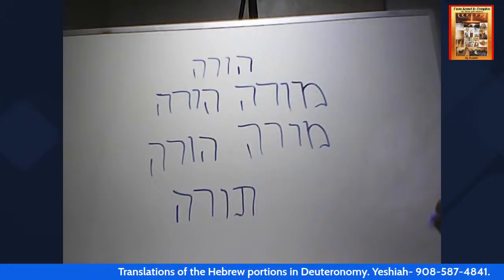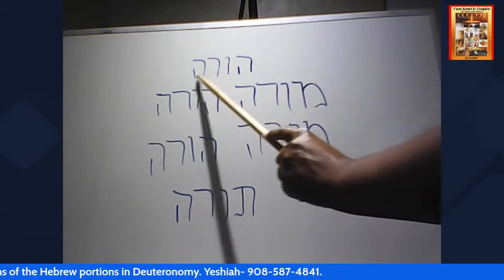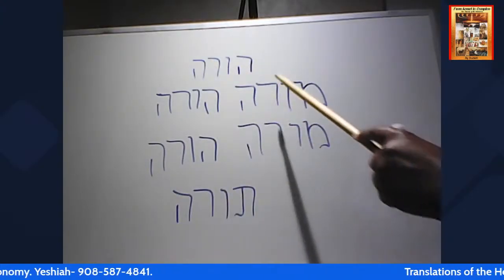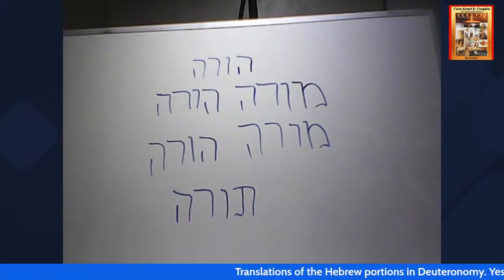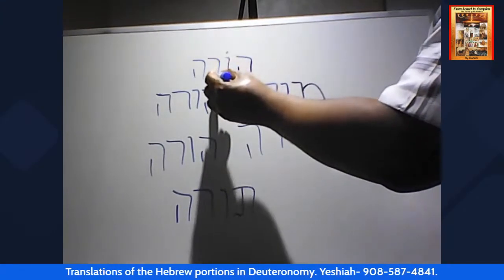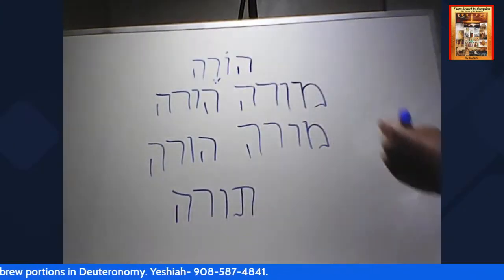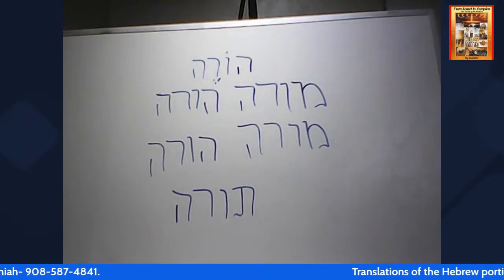Let us look at this, brothers and sisters. We have the word here, hore or hora. Now, in this particular case, we're dealing with it as a verb. Hore, in this case, in the Hifil stem, in root means to teach.